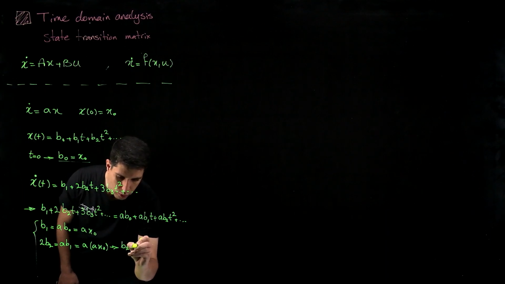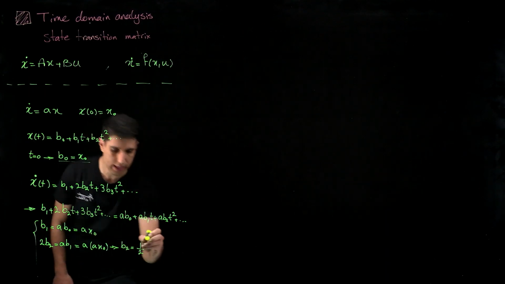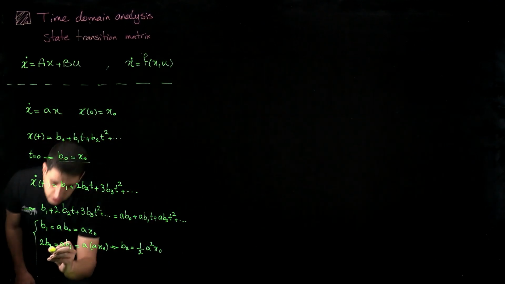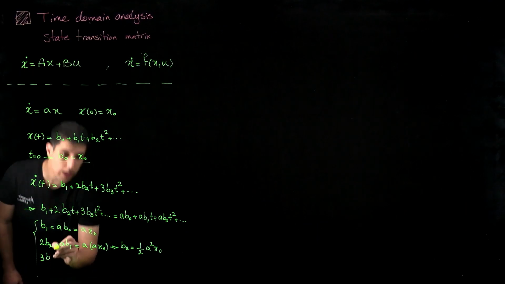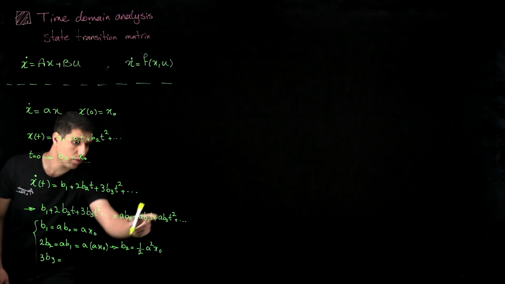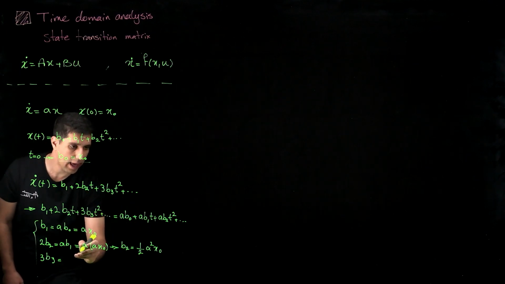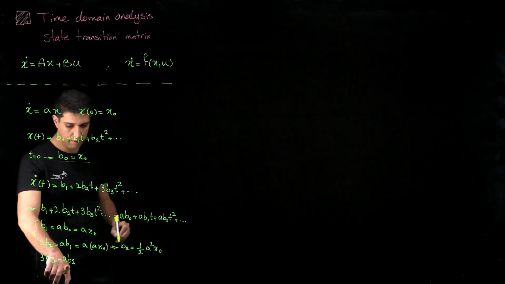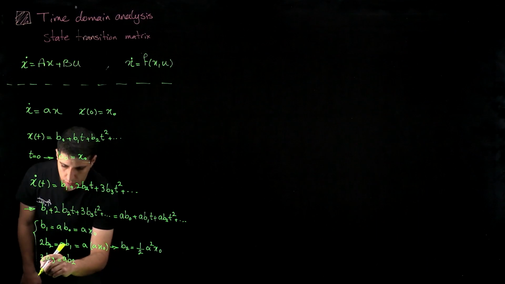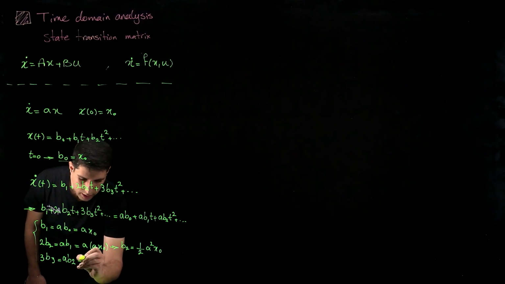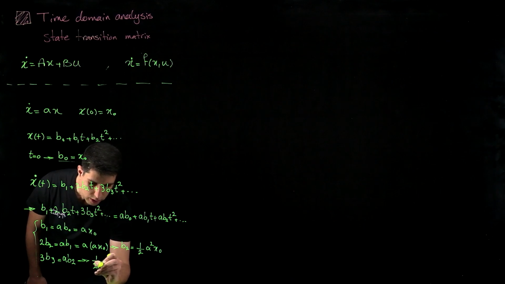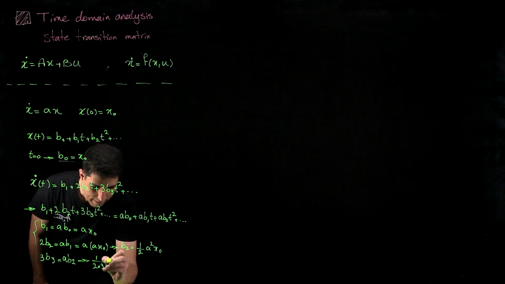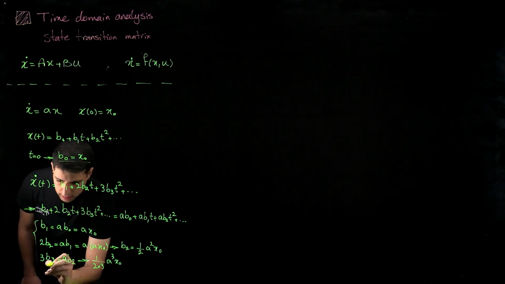So my b2 becomes 1 over 2 a squared x naught. And I can keep going. The next one, 3 b3 equals, what do I have? a b2. I have b2, so then I divide it by 3. So I have 1 over 2 times 3, I have a cubed x naught, and so on.